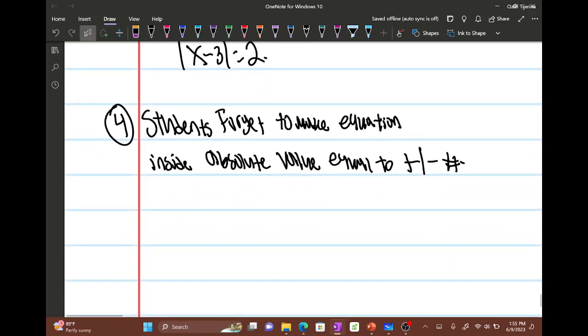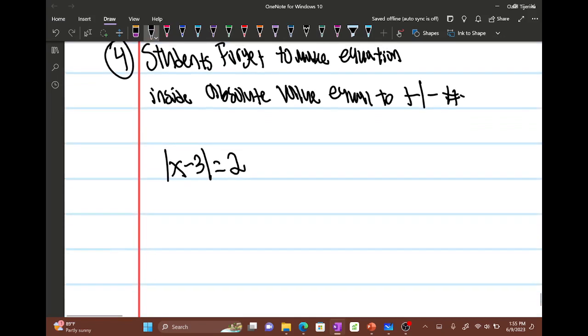What I mean by that is they forget. So for example, if I have the absolute value of x minus 3 is equal to 2, they always forget that this cannot be changed.